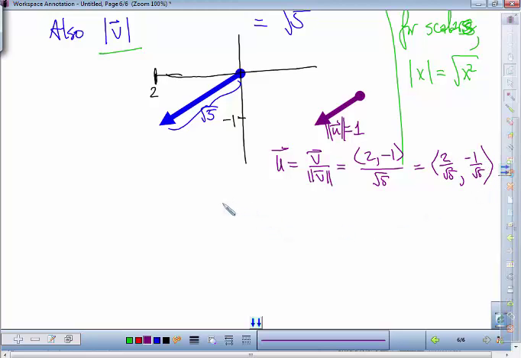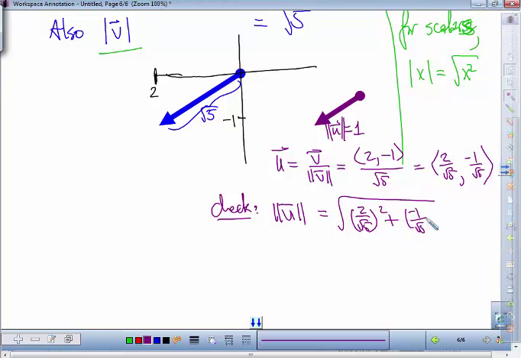And just to check, and you don't have to do this all the time, if we want to find the magnitude of this, we're going to take the square root of the first component squared, add it to the second component squared, and you'll see that this is equal to 1. Okay.